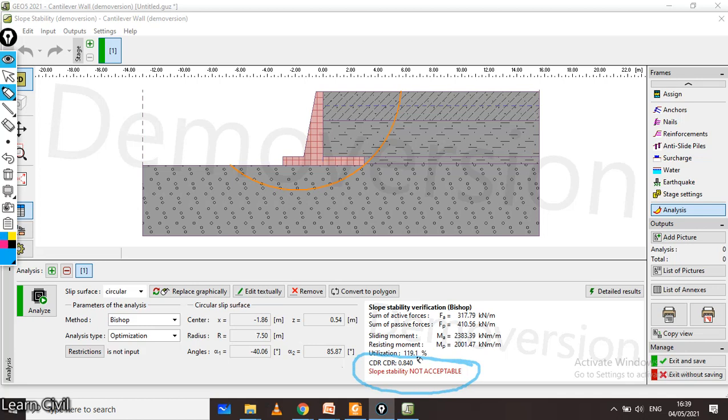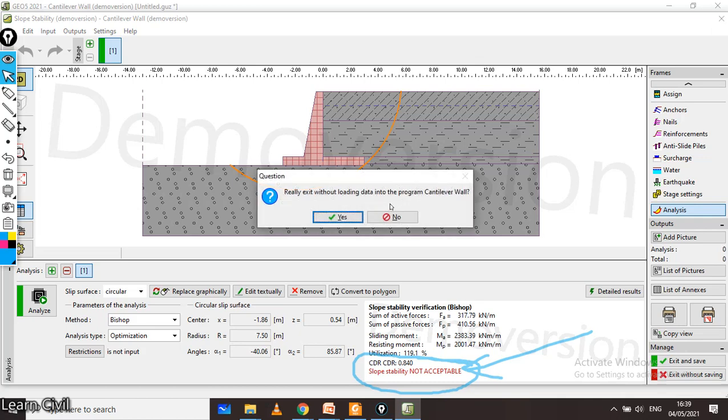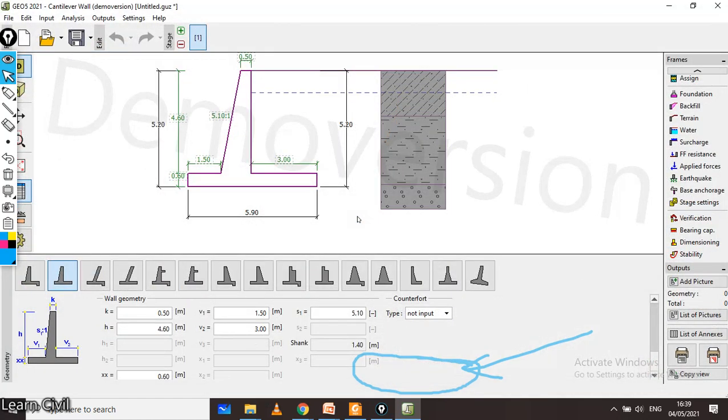Sorry, there is some screen lag. Means even after increasing the top width of this retaining wall, the dimensions are still not acceptable. So close this window and click on yes.